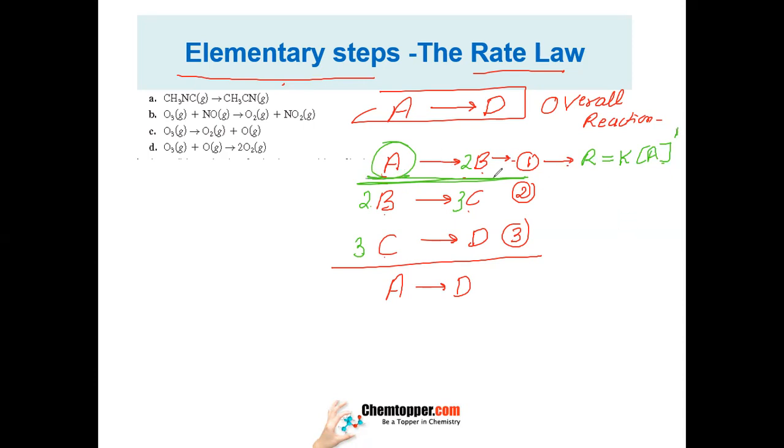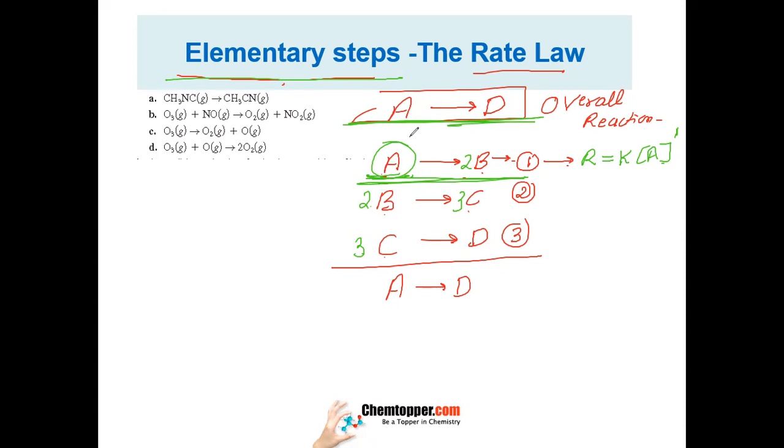So here I'm going to determine the rate law from the coefficients of the reactants involved in elementary steps. There is a big difference in the rate law from elementary steps and for the overall reaction. For the overall reaction, I cannot do that. I cannot determine the rate law from the reactants and their coefficients.